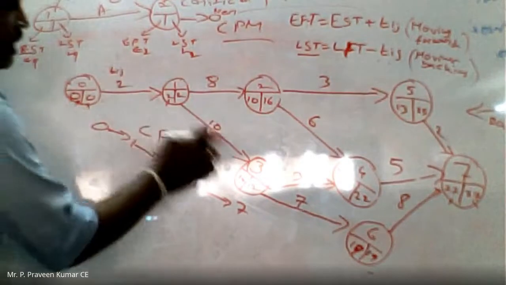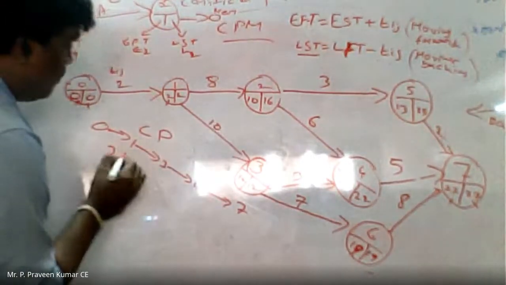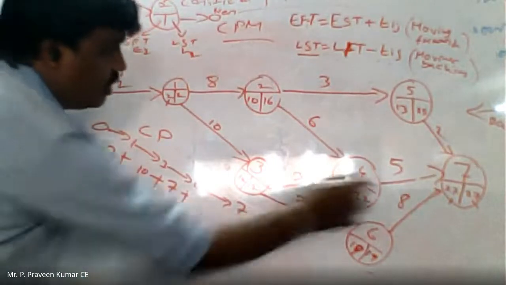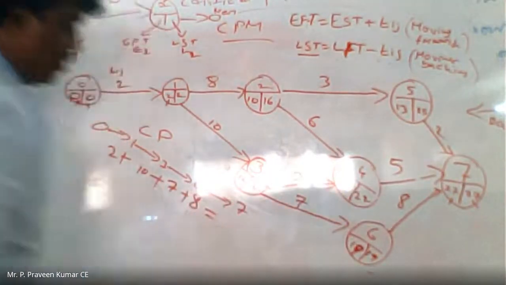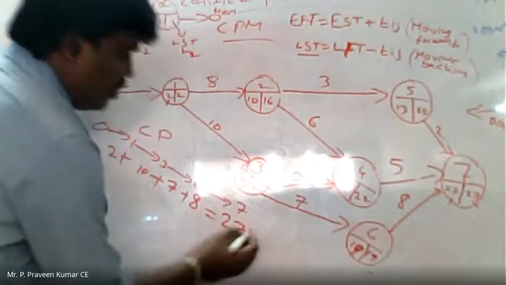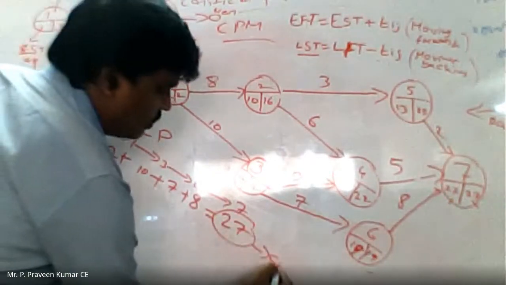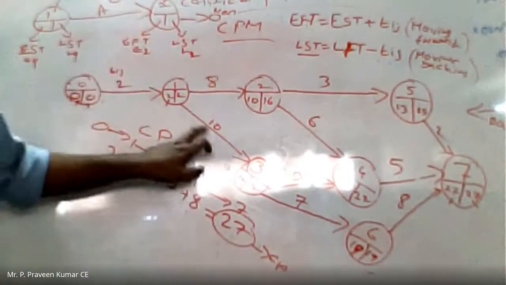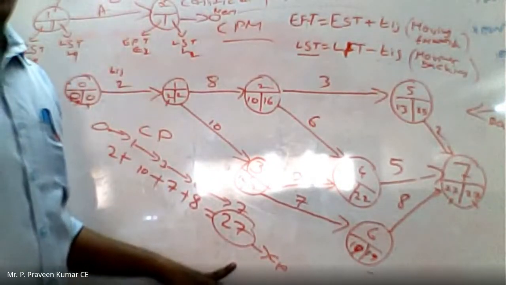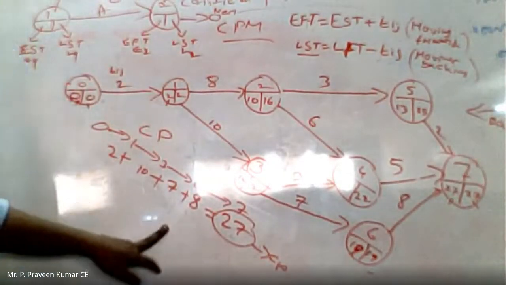What is the duration? 2 plus 10 plus 7 plus 8. What is the value of this? 27. So this is the critical path. To complete this project, it will take 27 days.